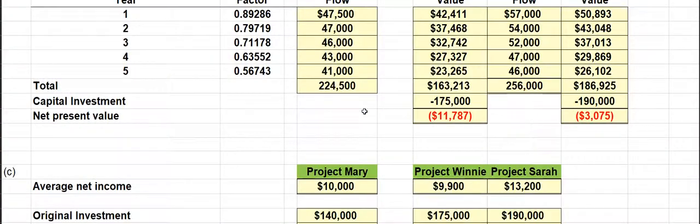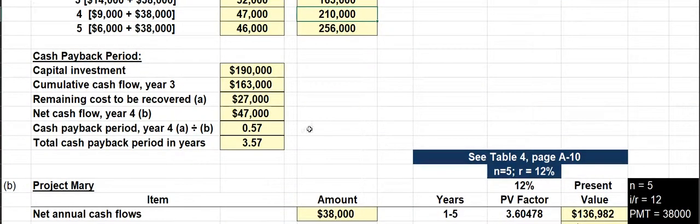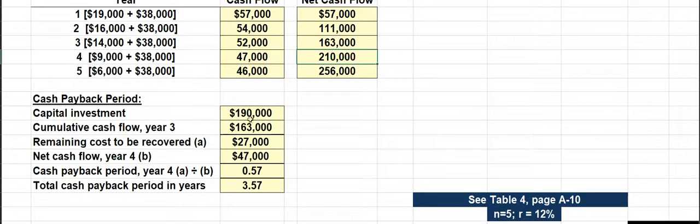And so for your calculation, what you would do is you would take the investment of 190, the cumulative amount up to but not exceeding what we need. So after 3 years, we would have recouped 163,000. We need an additional 27,000 to get us to 190, and the amount available in that year is 47,000.